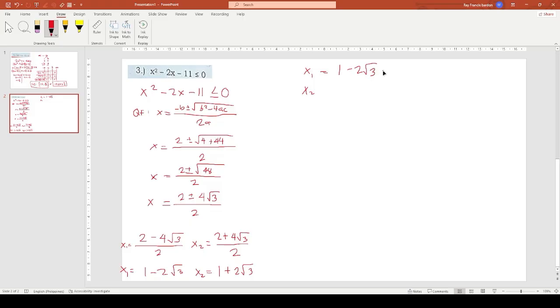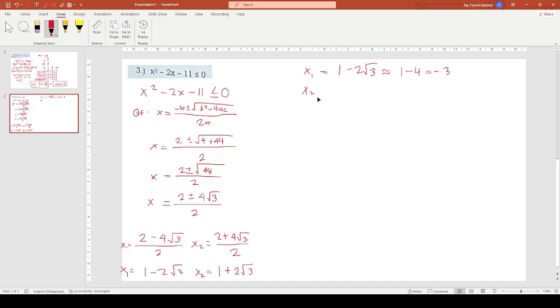And square root of 3 is between 1 and 2, but closer to 2 than to 1, so 1 point something, or approximately 2. So 1 minus 2 times 2 is 4, and 1 minus 4 is approximately negative 3.